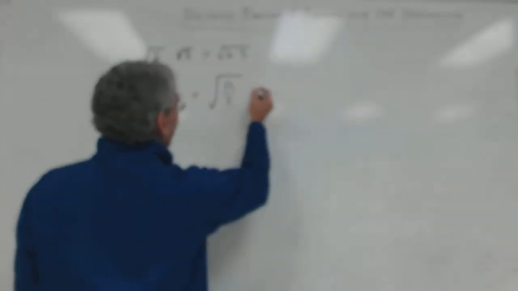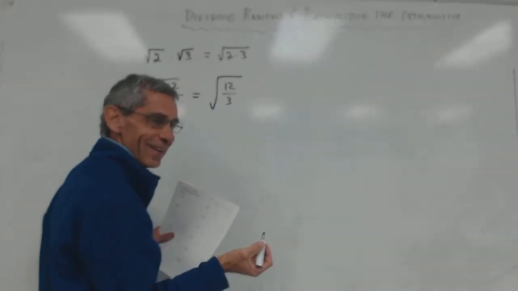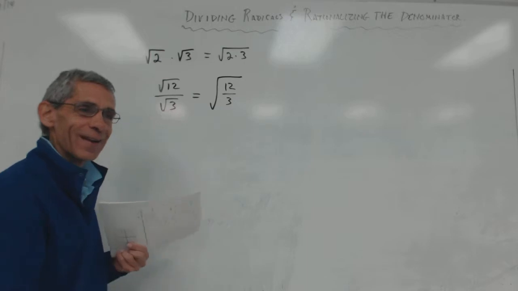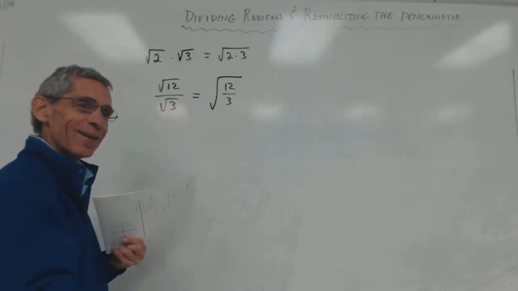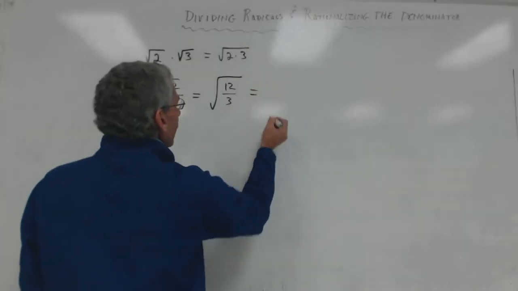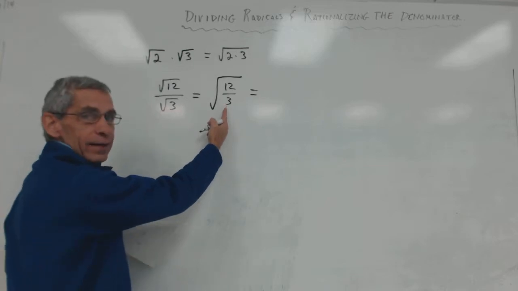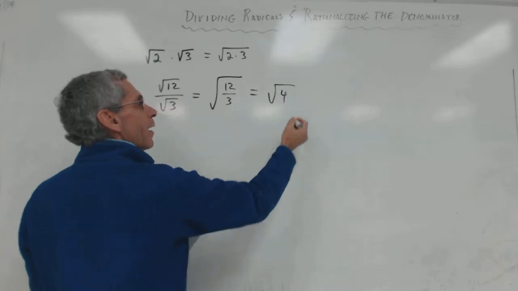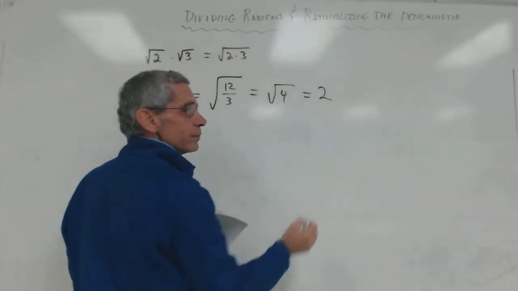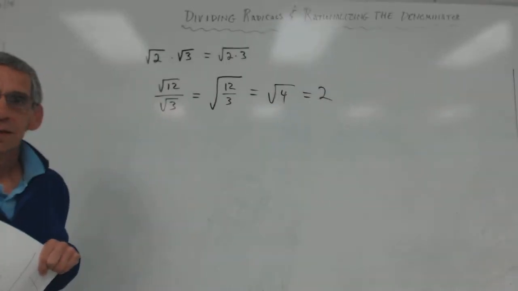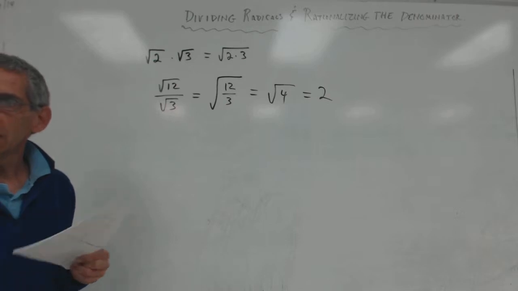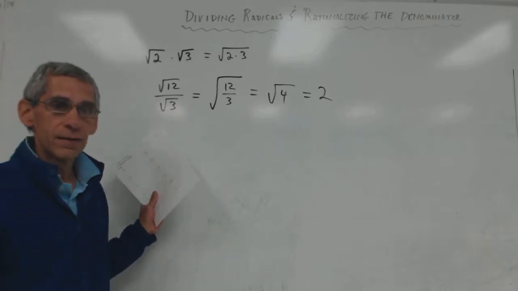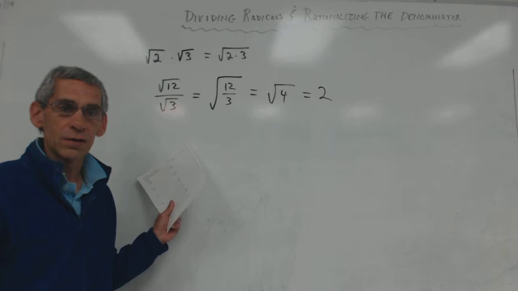So 12 divided by 3 is 4, square root of 4, and that is 2. Does that make sense? It's really pretty easy. Nothing I did there was hard at all.